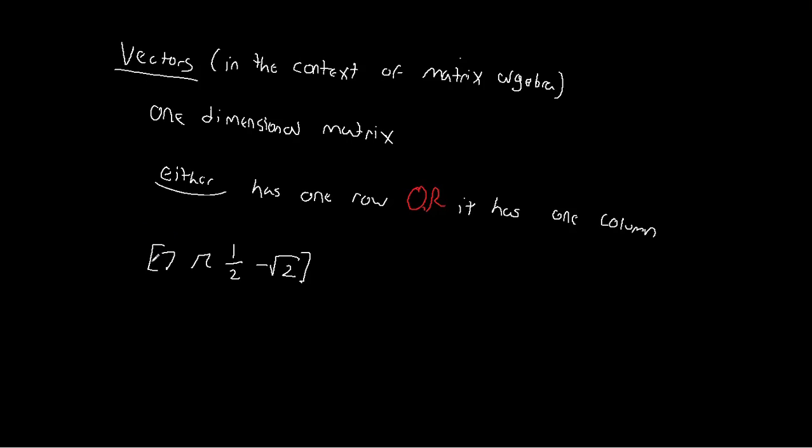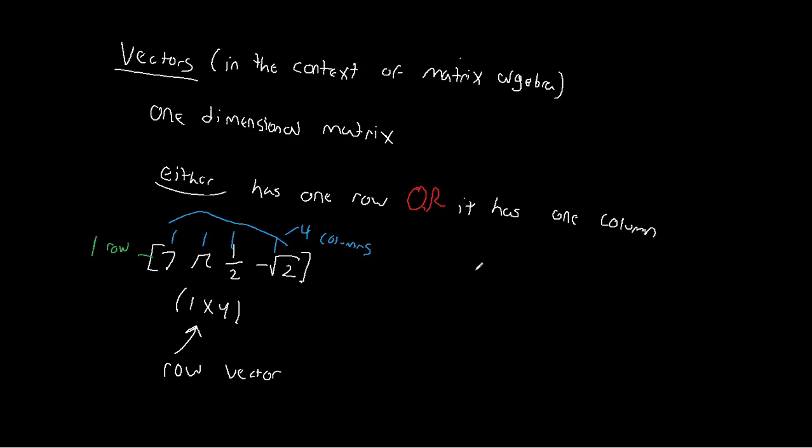What we've done here is we've created a matrix that has one row and 4 columns. 1, 2, 3, 4. Right, 4 columns. So this is in effect a 1 by 4 matrix, right? 1 row by 4 columns. We call this a row vector because it consists of a single row. Okay, so this is a row vector.